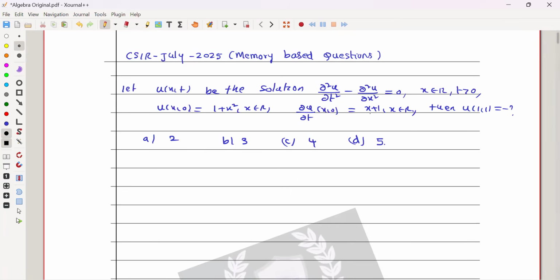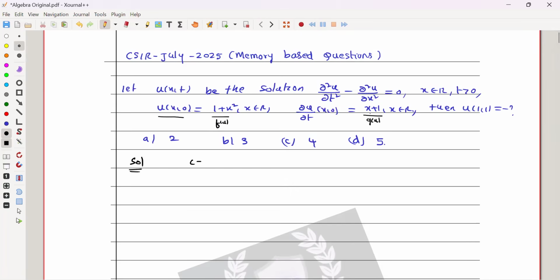Option D is 5. So u(x, t) is the solution of the wave equation ∂²u/∂t² − ∂²u/∂x² = 0, where x belongs to R, t is greater than 0. u(x, 0) = f(x), where f(x) = 1 + x², and u_t(x, 0) = g(x), where g(x) = x + 1.